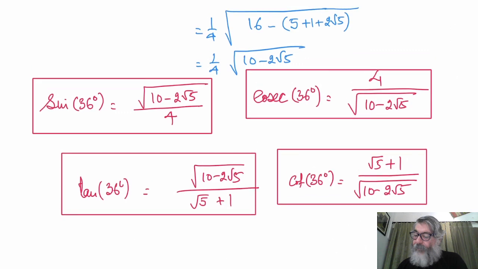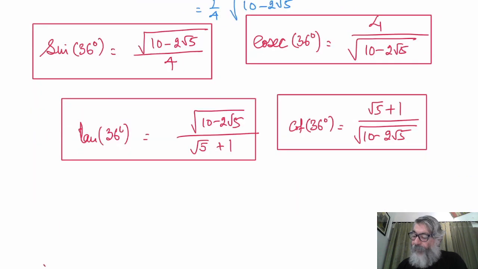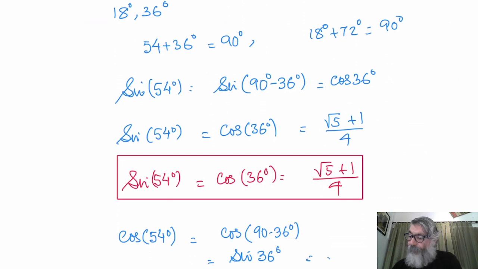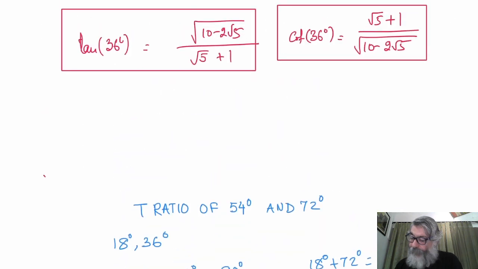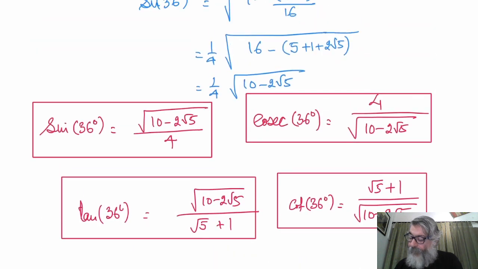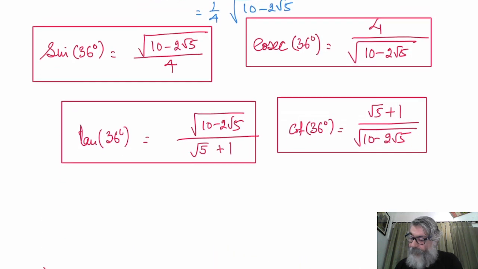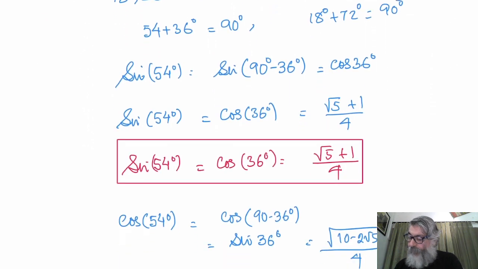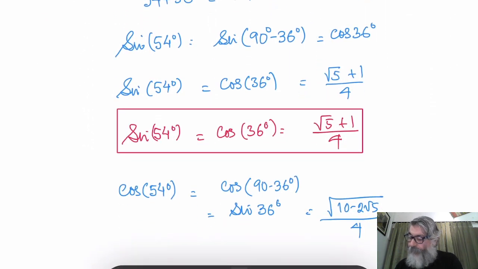So cos 54 degree will be equal to sine of 36 degree, which is under root 10 minus 2 root 5 upon 4.